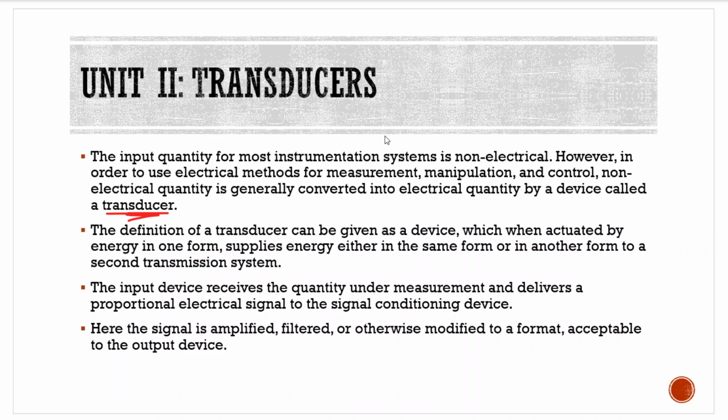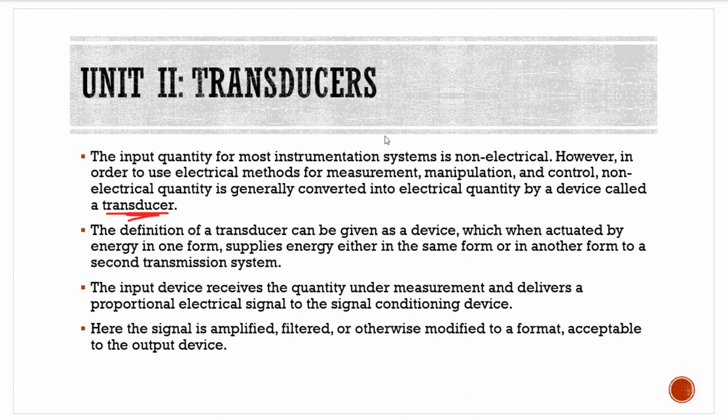So transducer is a device that converts one form of energy, and mainly this energy will be non-electrical in nature, to another form of energy that mainly will be electrical energy, so that we can actually do the manipulation, so that we'll be able to measure the quantity, we'll be able to control that measured variable.